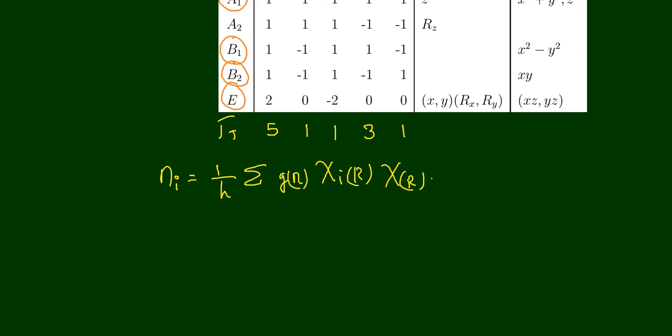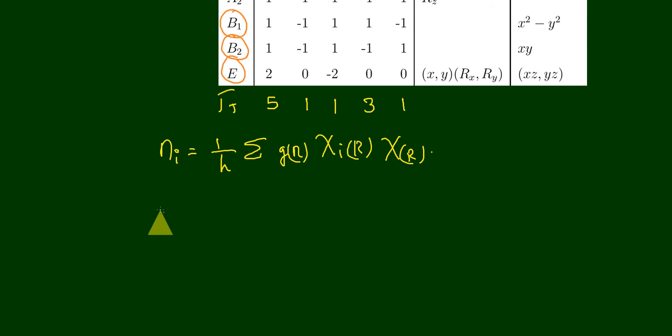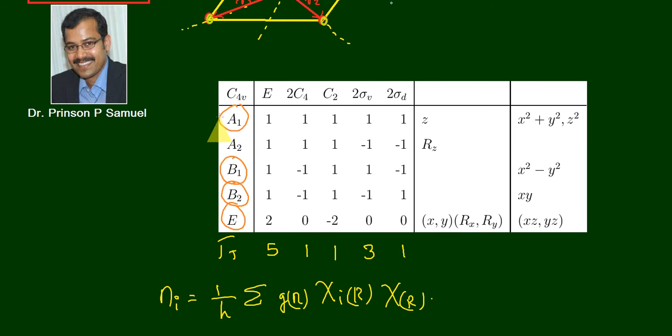So first of all, let us find out NA1. NA1 is equal to 1 divided by h. What is h in this case? That is the total number of non-redundant operations. What is the total number of non-redundant operations in this group? 1 plus 2, that is 3, 3 plus 1, 4, 4 plus 2, 6, 6 plus 2 is equal to 8.